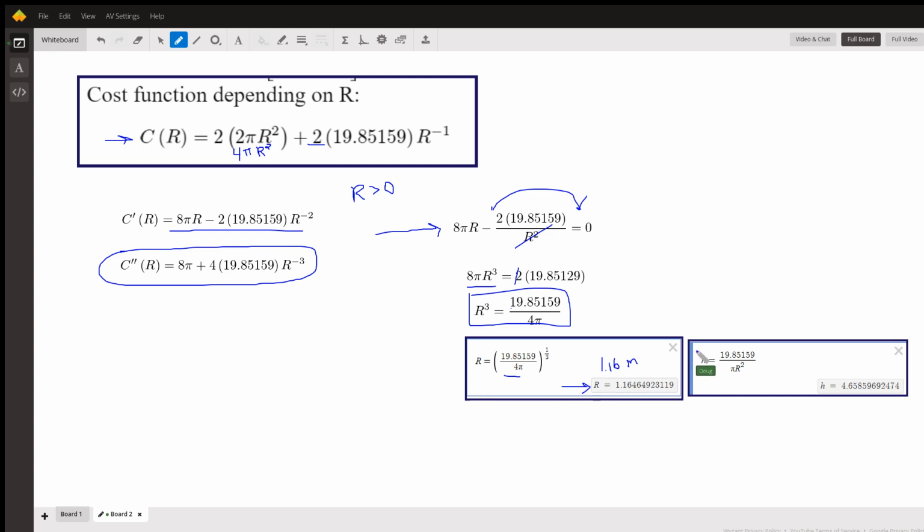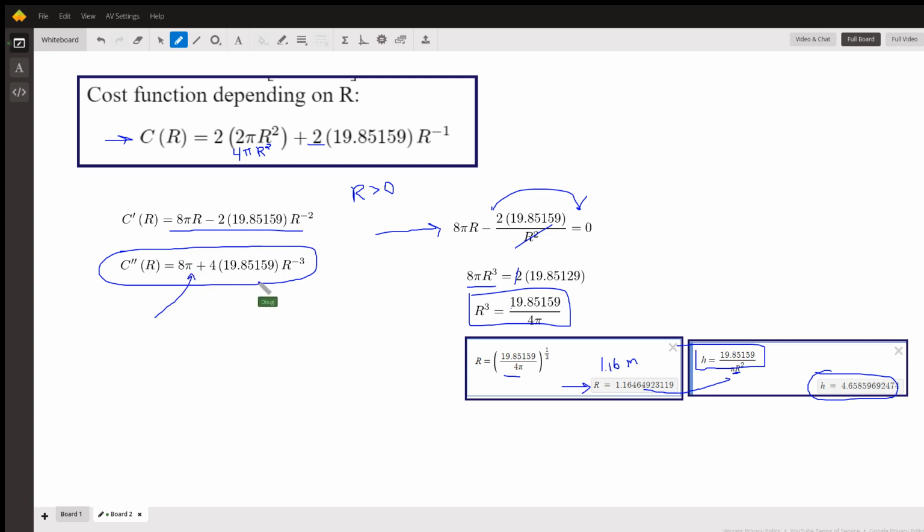And we had a formula for h in terms of r. So we just put this value of r into there, and there's the height of the can. To show that this generates a minimum, we could put 1.16 into the second derivative to find out if we get a positive or a negative.